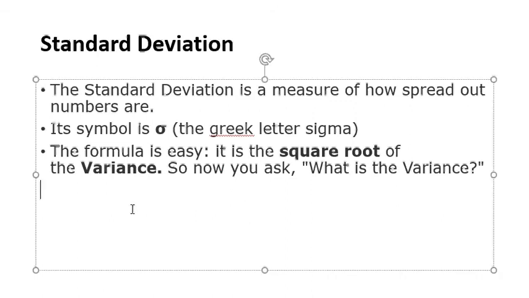The formula for computing the standard deviation is the square root of the variance. If you ask, what is the variance? Before we compute the standard deviation, the most important requirement is to compute the variance.